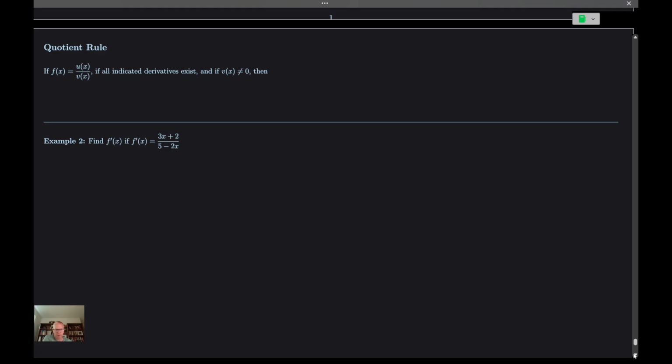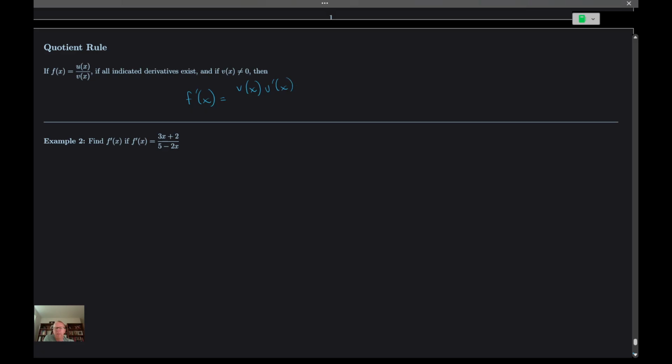The next one is the quotient rule. So this one, of course, is where you have a quotient of two functions. They can be any functions that are differentiable. If you want to take the derivative of this one, it is a little bit more complex. So we have the bottom function times the derivative of the top function.